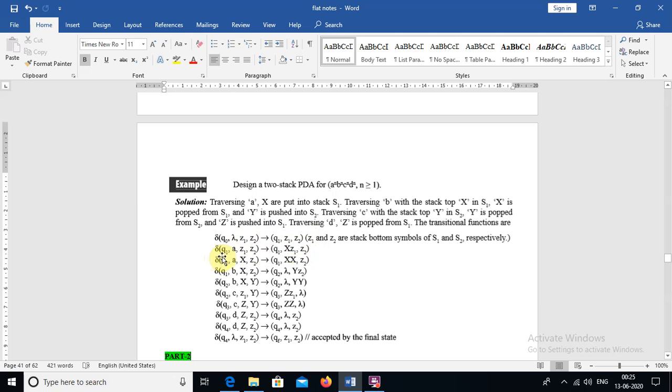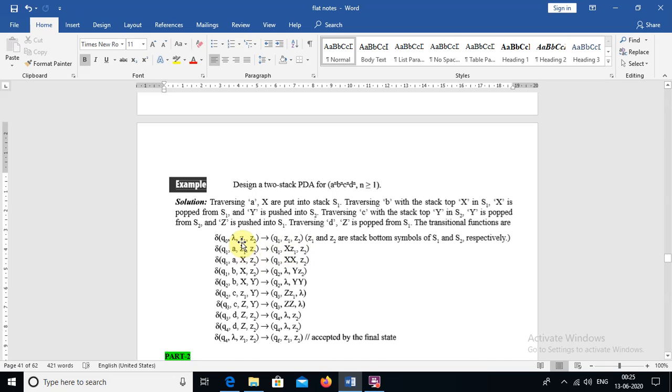Okay, if you find A as the input symbol in the Q1 state, and Z1 is the top of stack 1 and Z2 is the top of stack 2, what you have to do is stay in the Q1 state only. You have to push XZ1 into stack 1. XZ1 means first Z1 is pushed, and X is pushed next. Okay.